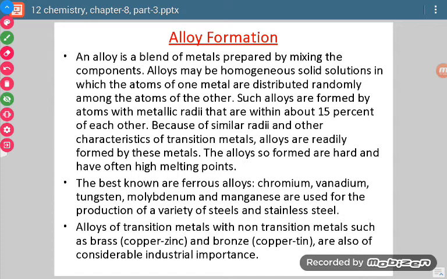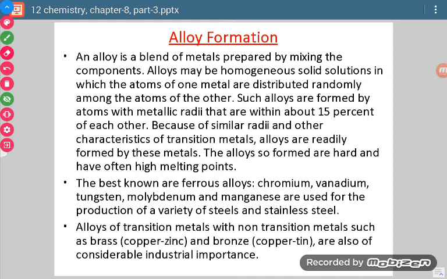Now when can that happen? It can only happen when the sizes of the atoms are comparable. So what can we say? We can say that transition metals' sizes are not very different. They are almost the same, meaning there is not a large difference in the sizes of transition metals. So they can easily replace one another in the crystal lattice. Okay, so they can easily form alloys.